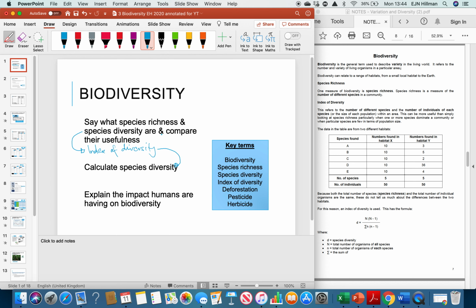Now we'll compare species richness and species diversity and see why the index of diversity, or species diversity, is a more useful measure of biodiversity. Okay, once we've done that, we'll explain what impact humans have on biodiversity and explain why they have that impact.